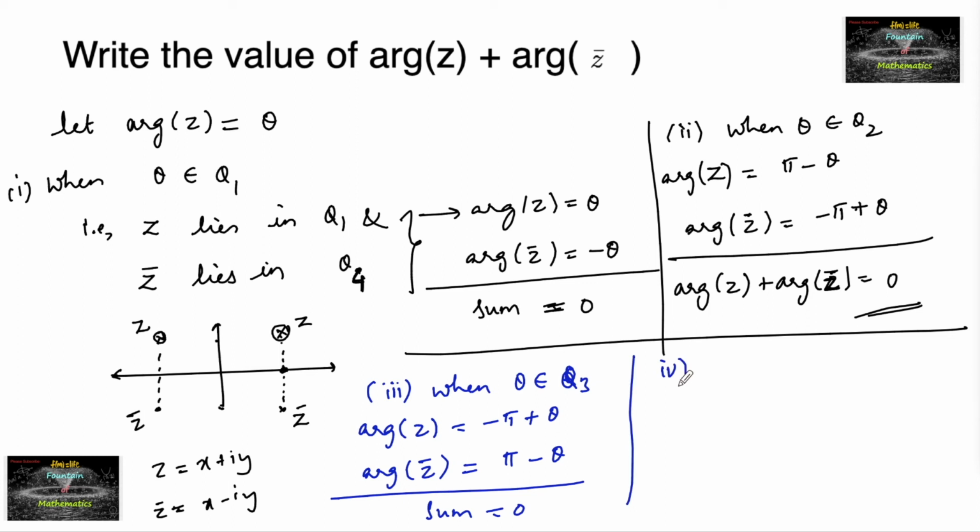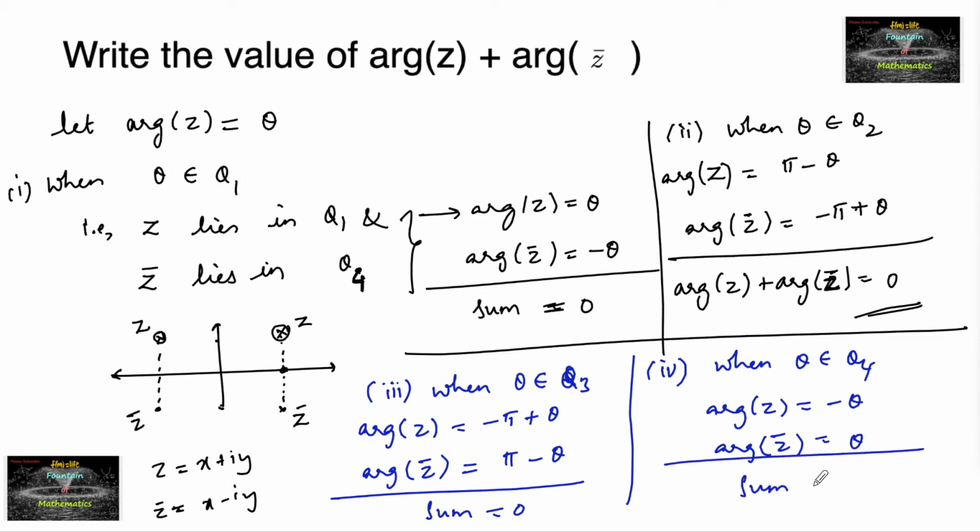Even if you consider the fourth quadrant, when theta belongs to the fourth quadrant, argument of z is equal to minus theta, then argument of z bar will be in the first quadrant, so we consider theta. Again the sum is equal to 0.